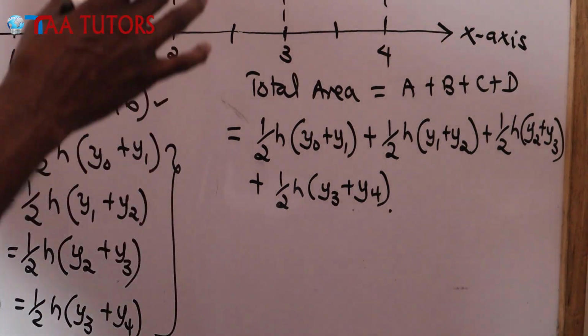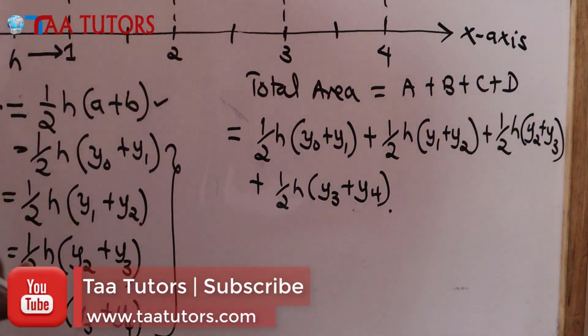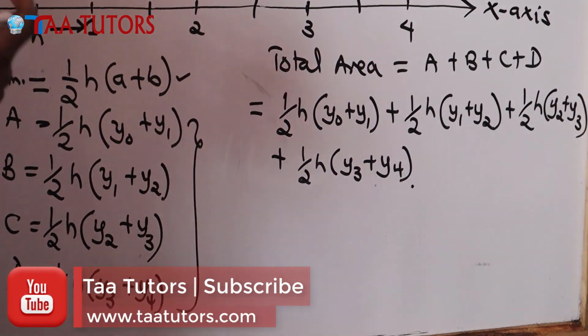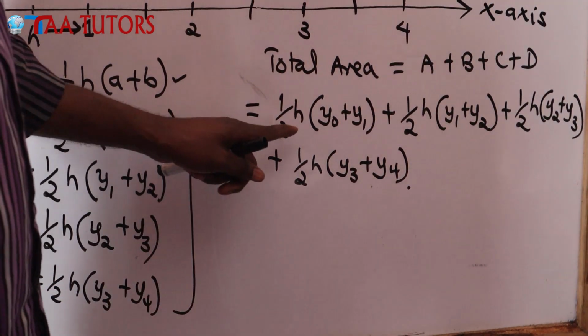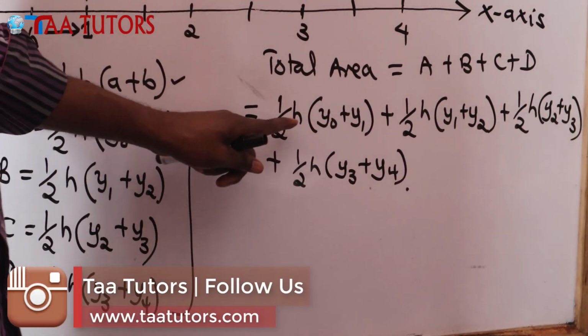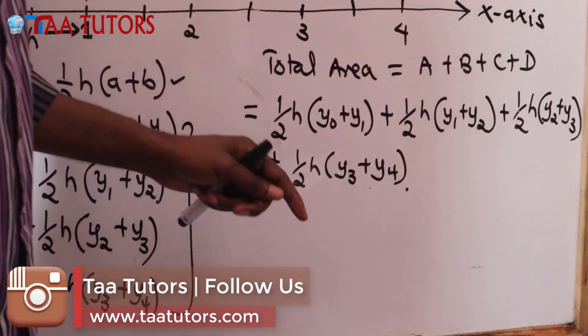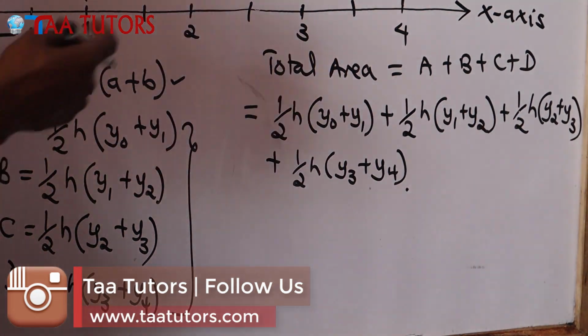So viewers, what we are doing here is just to assemble, to bring these areas together, and by so doing we want to see something. Now we realize that in each of these formulas a half h is common. So we can actually factorize a half h out of all these.